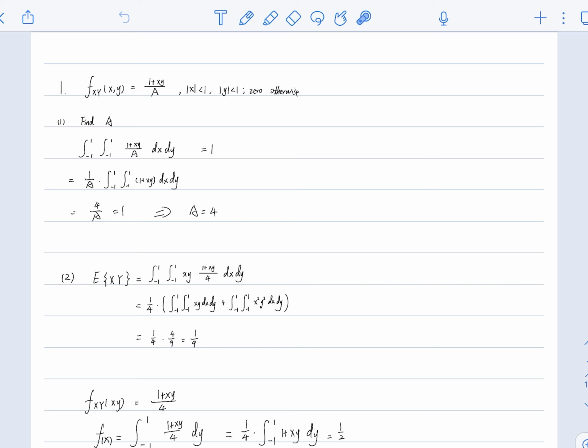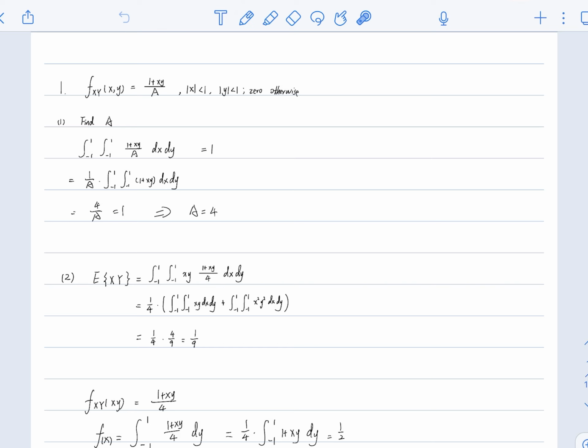The joint density function equals 0 otherwise. The first question needs us to find a so that the above is a valid joint density function.